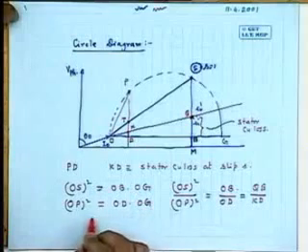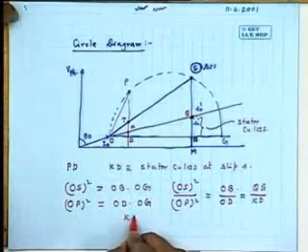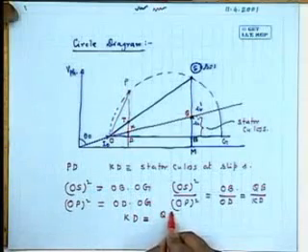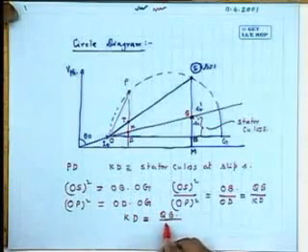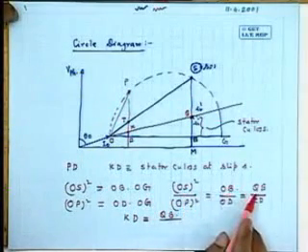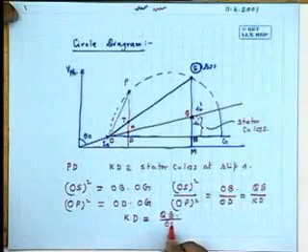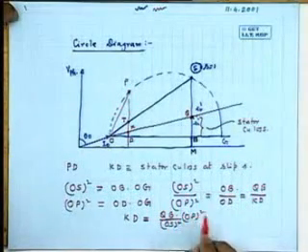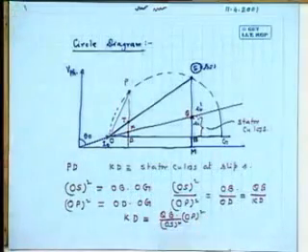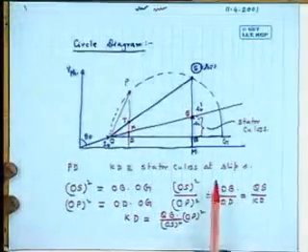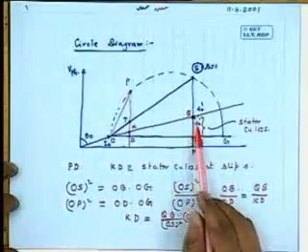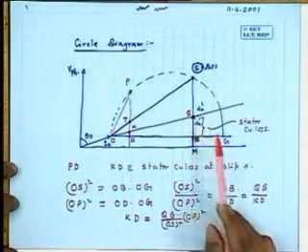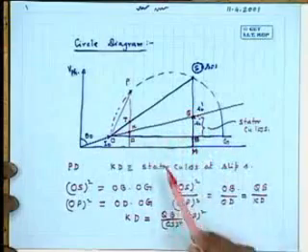Therefore, the length KD will be equal to QB divided by OS squared into OP squared. This KD length will be like this. Now, what is QB? QB is the stator copper loss at slip equal to 1, standstill condition. And what is OS?